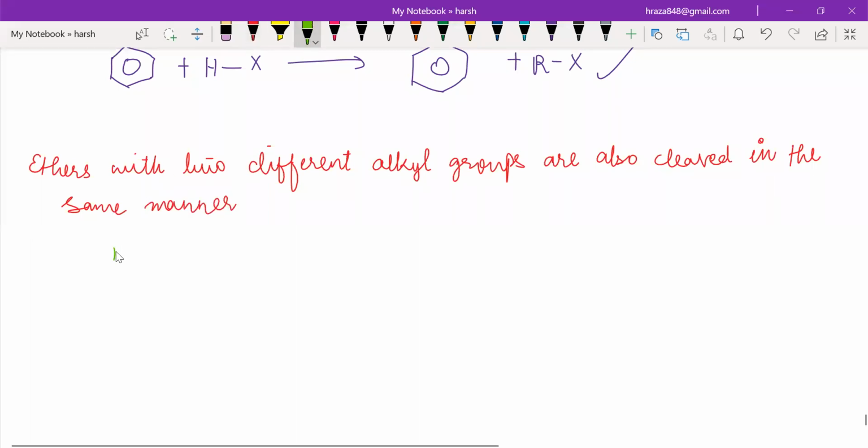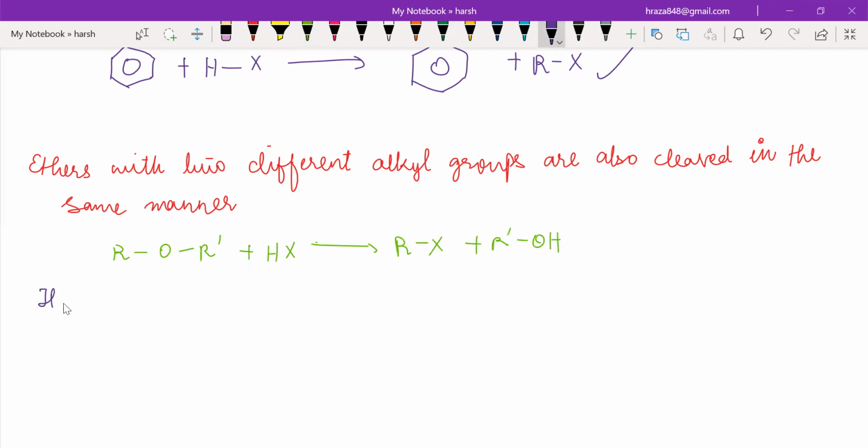Like if you have R-O-R dash, and you are going to react this with HX, so it will be RX plus R dash OH.